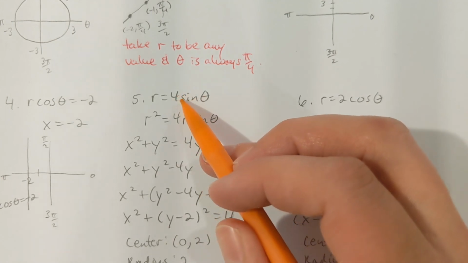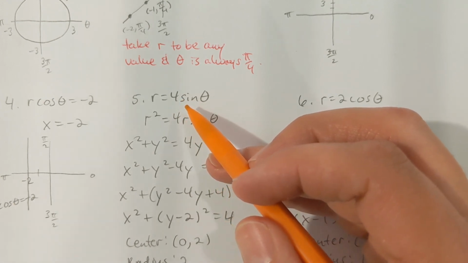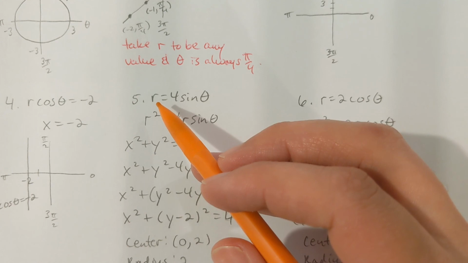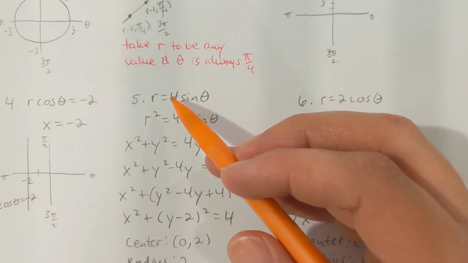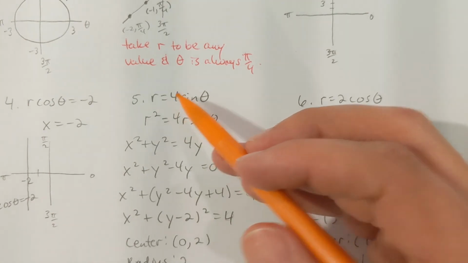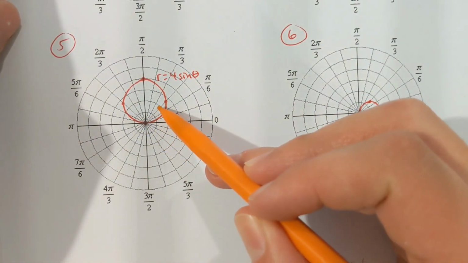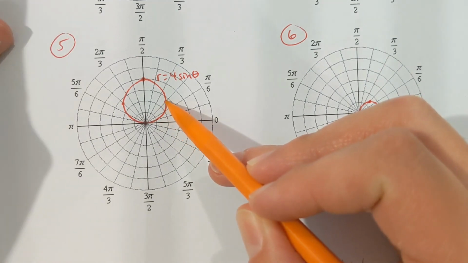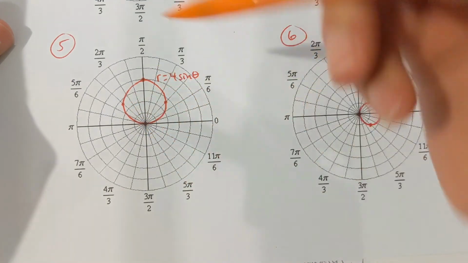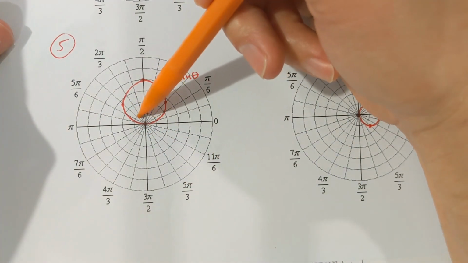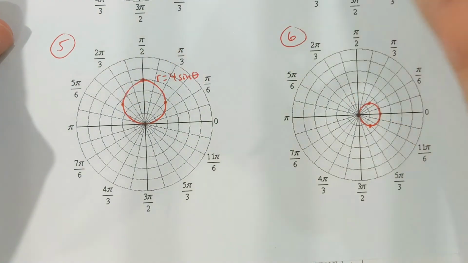Times 4 would be 4 over root 2. If you were to rationalize the denominator, you would get 2 root 2 for r. Now root 2 is roughly 1.4, so 2 root 2 would be roughly 2.8, which means that on the pi over 4 axis, I need to go out roughly 2.8 units. And using symmetry, I can do that on the other side here on the 3 pi over 4 axis, go out roughly 2.8 units to get to that other point there.